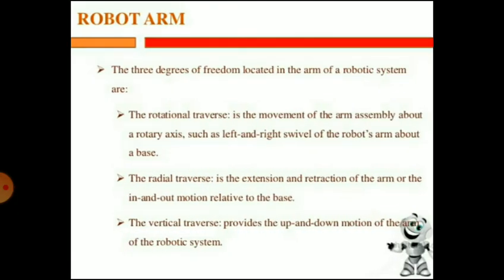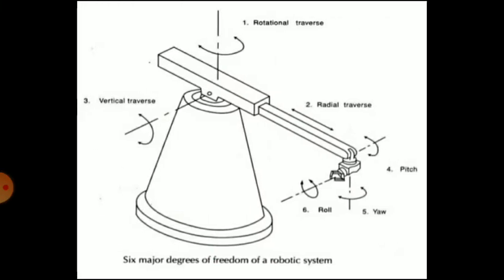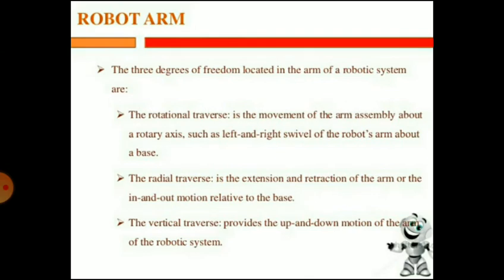The 3 degrees of freedom located in the arm of a robotic setup are: first, rotational transverse movement. You can see the first movement, the rotational transverse movement of the arm. It is the movement of the arm assembly about a rotary axis, such as the left and right swivel of the robot's arm about the base. Then second is radial transverse movement.